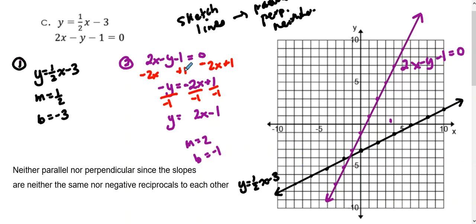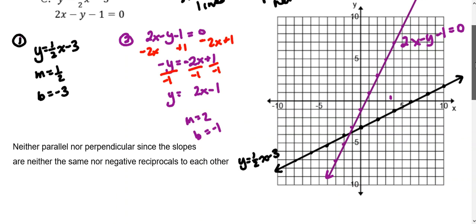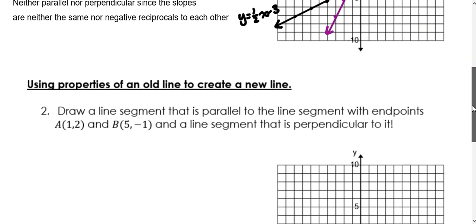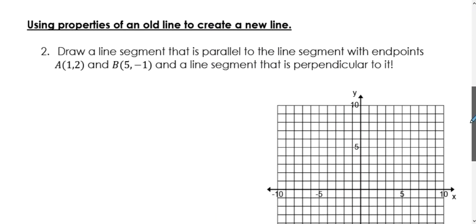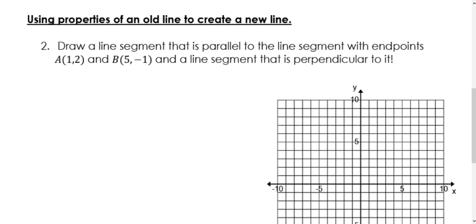These concepts about changing it to y equals mx plus b are from previous learning, but that's why we learned it, so that we can build on to answer bigger questions. Okay. Using properties of an old line to create a new line. So this is kind of where the end goal is for our learning with analytic geometry.